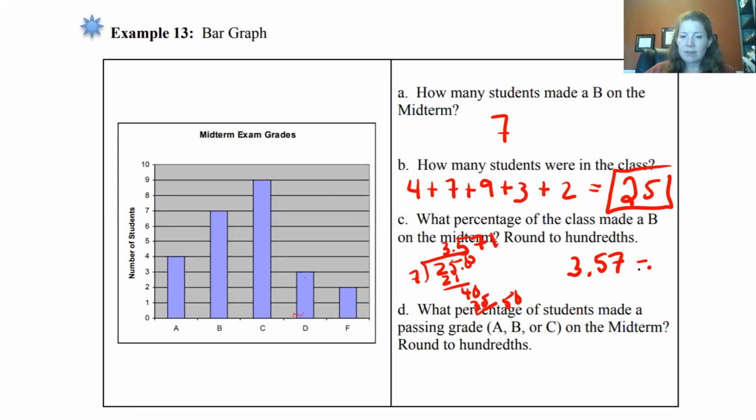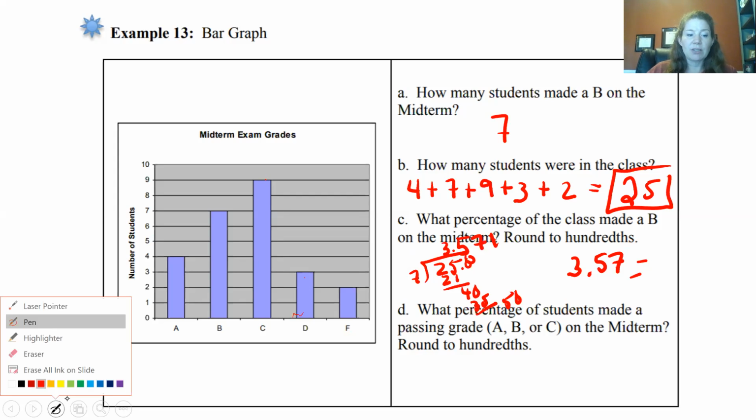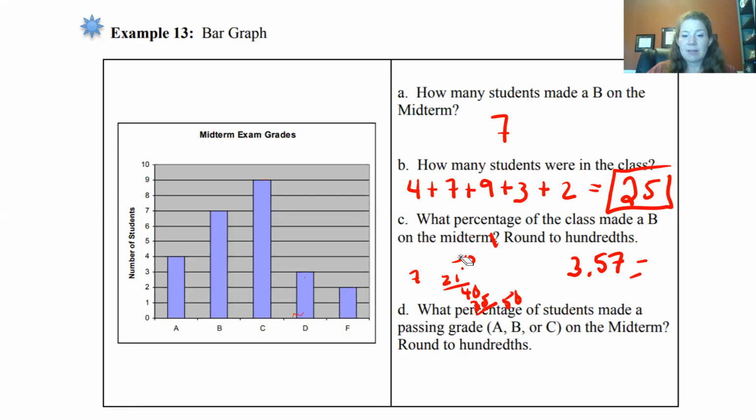Is that right? What percentage? Oh, I divided it wrong, you guys. I should have divided 7 by 25. Oh my goodness. I'm sorry, I knew that wasn't right. I wrote that absolutely backwards.